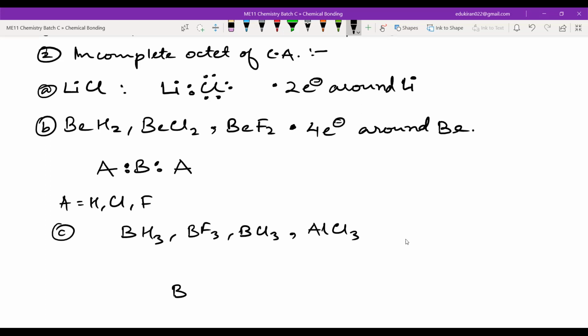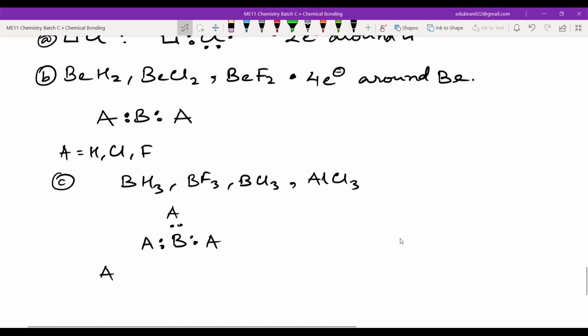You have boron or aluminium, and here A is hydrogen, chlorine, etc. Now what is the exception here? Only 6 electrons around boron.